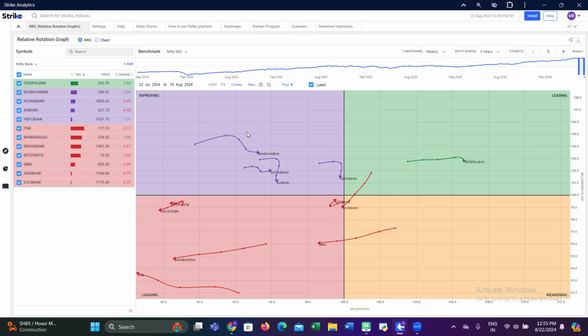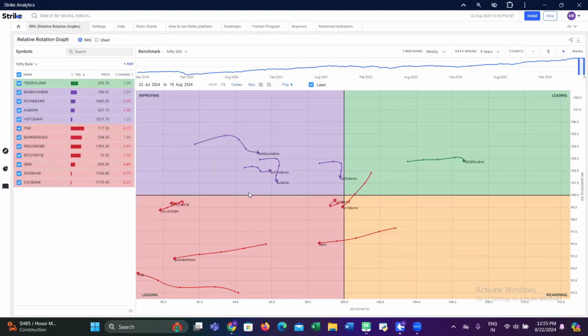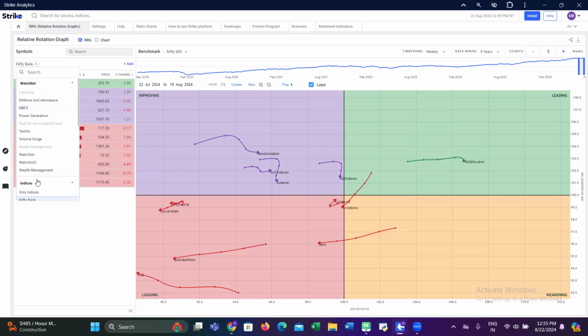So the four quadrants and the clockwise direction of movement within these four quadrants, these are the things that happen in terms of sector rotation. I'll take one example, and I was talking about this some time back.